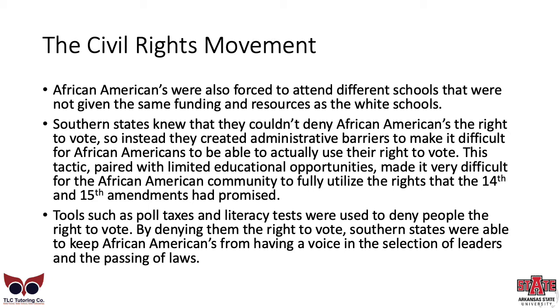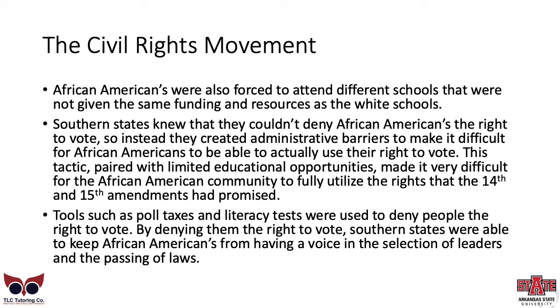Southern states knew they couldn't deny African Americans the right to vote, so instead they had created administrative barriers to make it difficult for African Americans to actually be able to use their right to vote. This tactic, paired with limited educational opportunities, made it very difficult for African Americans to fully utilize the rights that the 14th and 15th Amendments had promised.